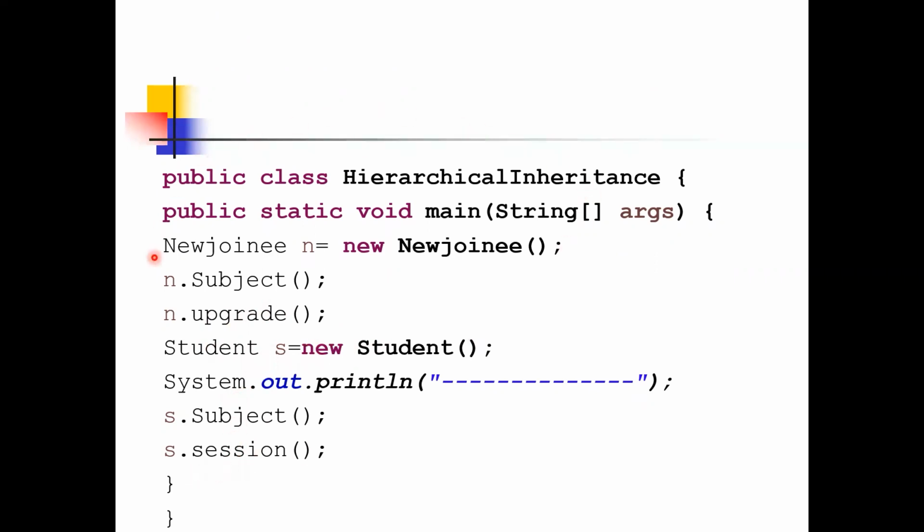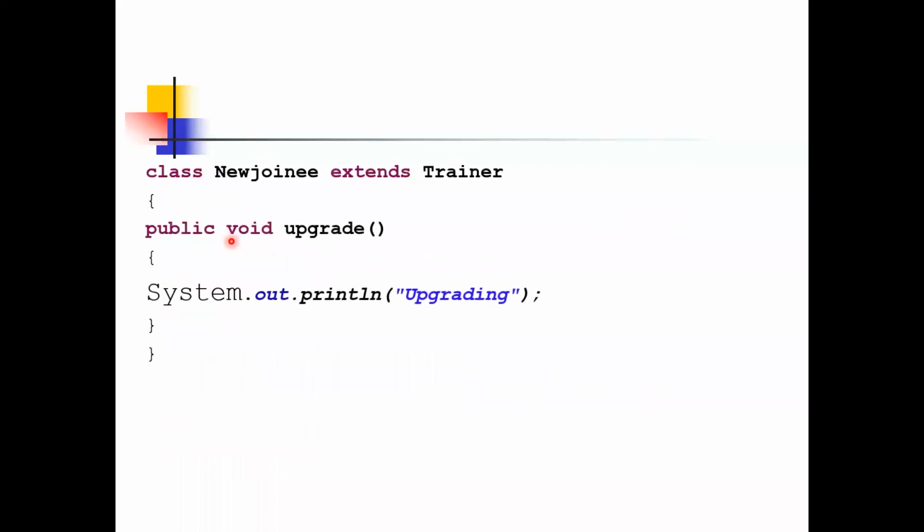When you execute this program, Java will understand first n dot subject. Java will understand that n is the object of the new joinee class, so it will jump to the new joinee class.